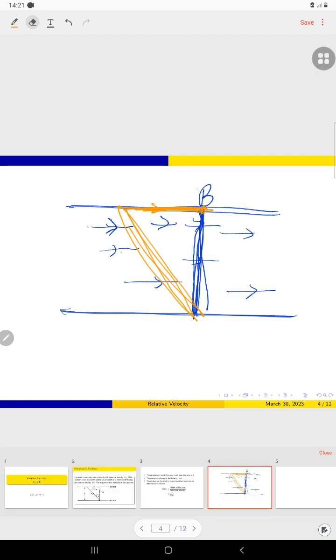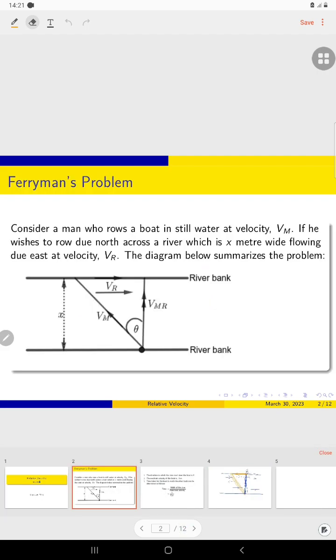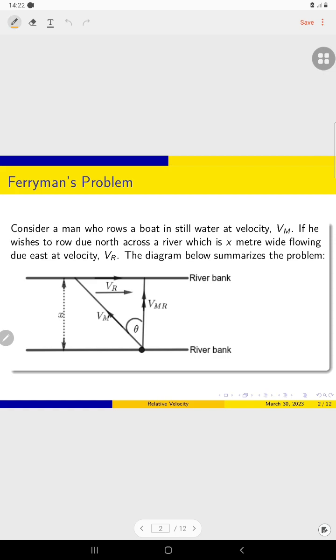So we have this ferryman's problem. Consider a man who rows a boat in still water at velocity Vm.